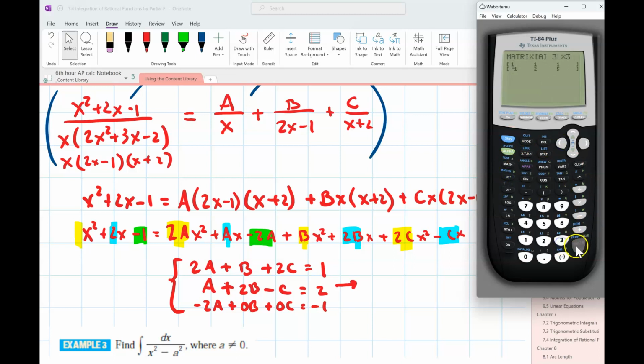This one's going to be a 3 by 4. Got that in.